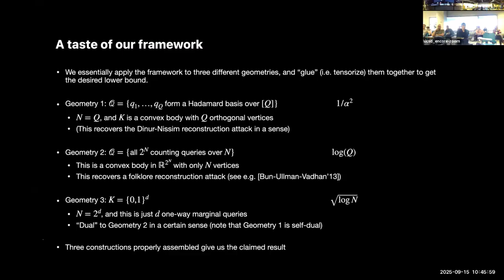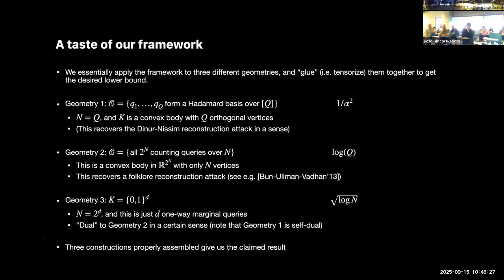So here, we call this a reconstruction attack because imagine you have a distribution or a data set over 1 through n, and you are going to answer all the 2 to the n counting queries over your data set or your distribution. And what you can end up doing is you can just reconstruct your data set very accurately in the L1 sense. So that's how you get log Q.